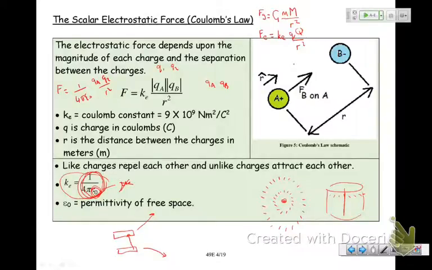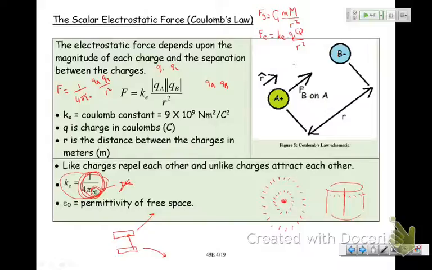And if you have a positive sign, then that's repulsion, because similar things repel. And that upsets me a little bit, because we've been driving into everybody that positive means to the right and negative means to the left. So it's kind of mixing. They have a new rule for the sign now, that's special just for this case.